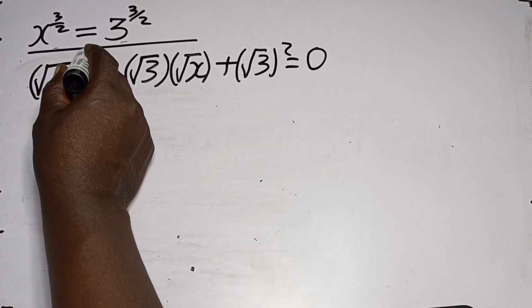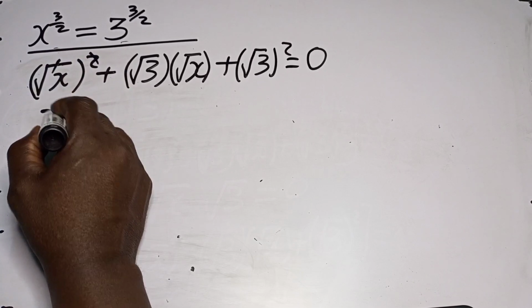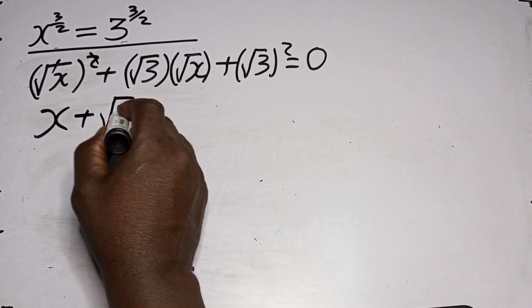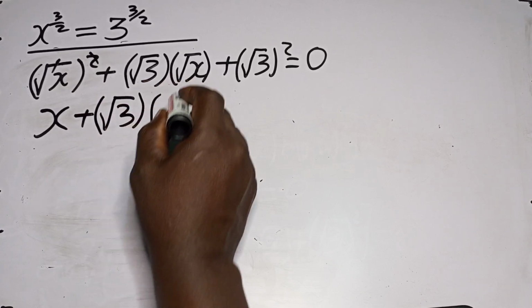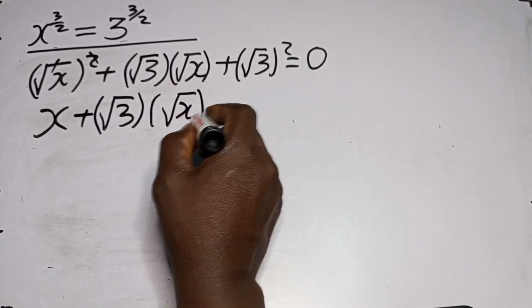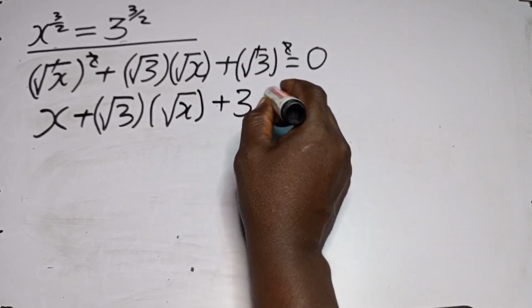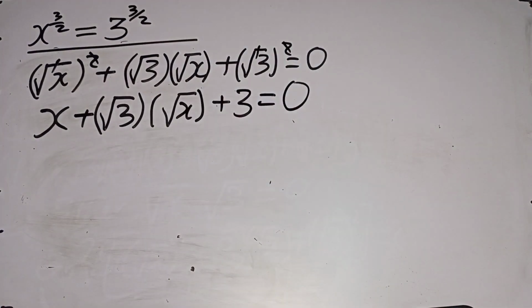Now root x squared, the square will cancel the square root. We have x plus root 3 root x. Here also, the power 2 will cancel the square root. We have plus 3 equals 0.